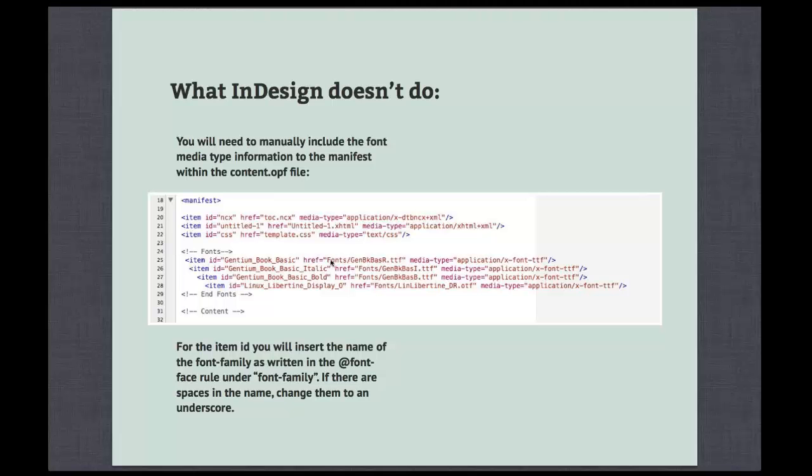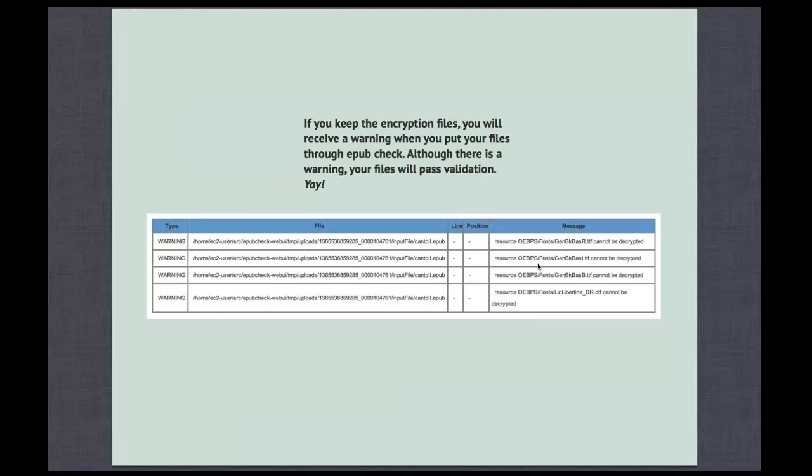Again, this needs to be capitalized, the F on the Fonts file. And then the media type is application/x-font-ttf. There are multiple ways to write that, which I'll touch on briefly later. If you keep the encryption files, you'll receive a warning with EPUBCheck, but it will still pass validation.